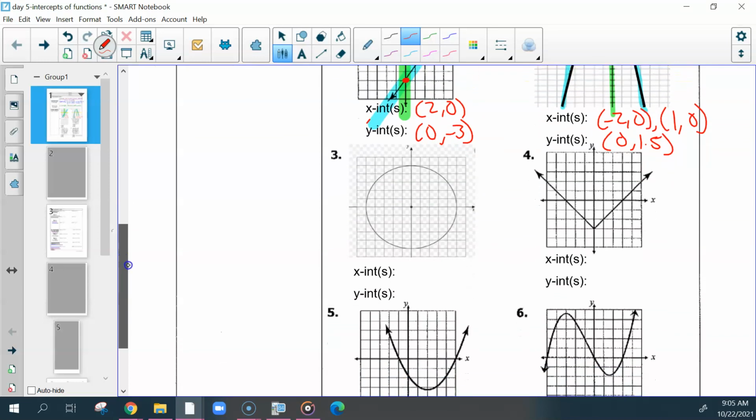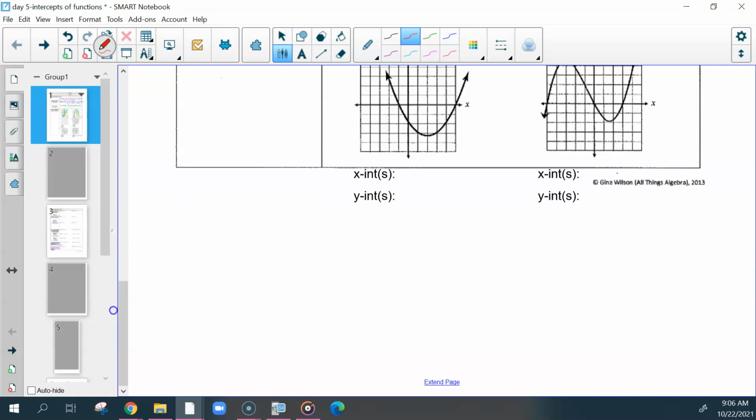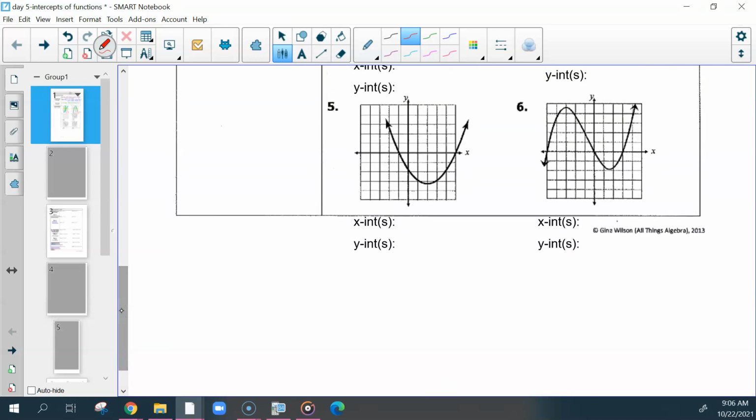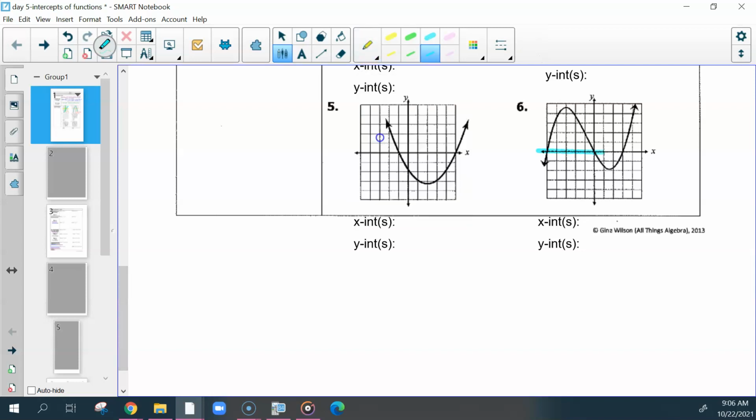We're going to do one more together. And then I'm also going to add in an additional thing just to go back and revisit some past material. For number 6, hopefully 6 is the same. Okay, where does this cross your x-axis? And if drawing in the lines helps you see those better, you can do that.